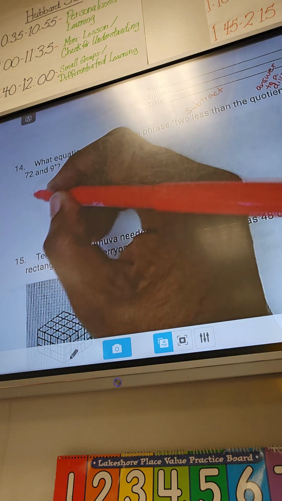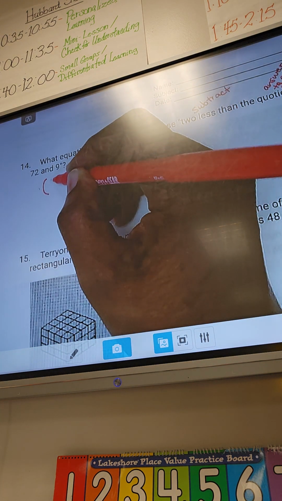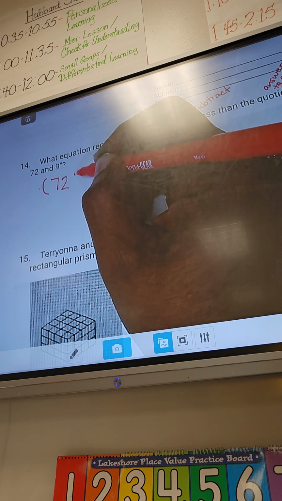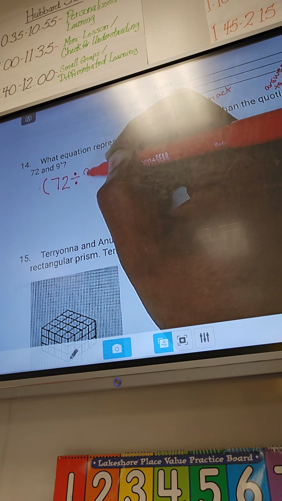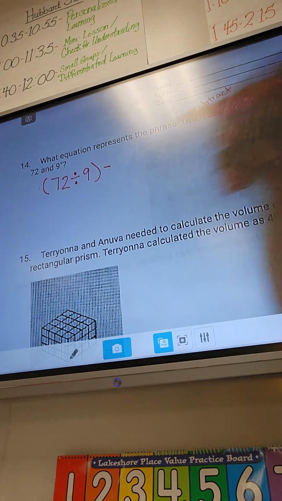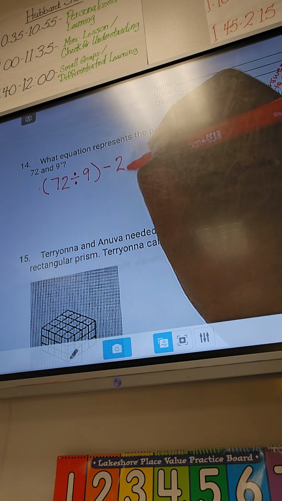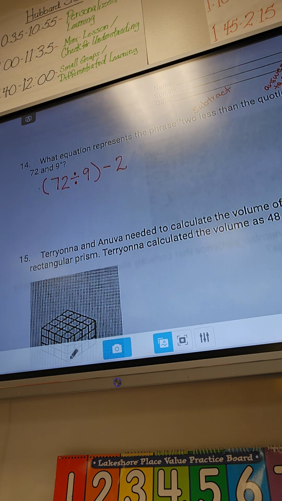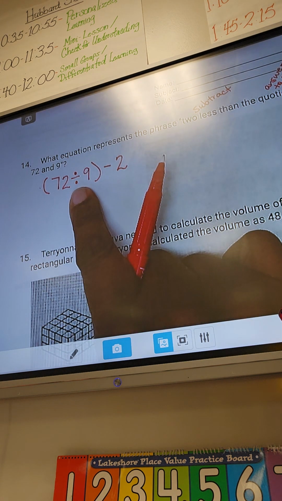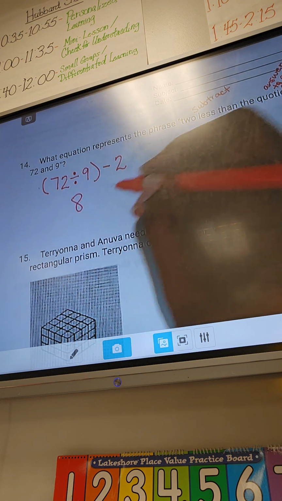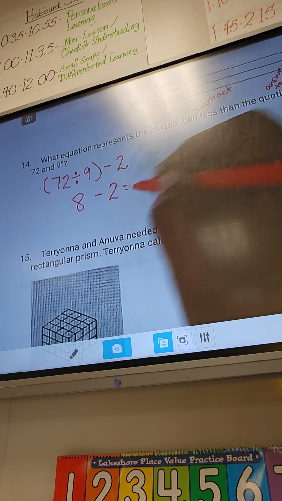So if I wrote this equation out, I would put 72 divided by 9 minus 2. Any questions about it? All right, 72 divided by 9 is 8, minus 2 equals 6.